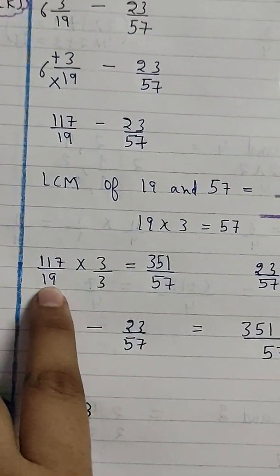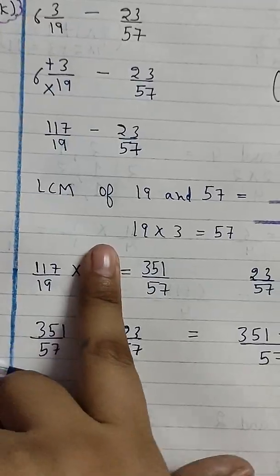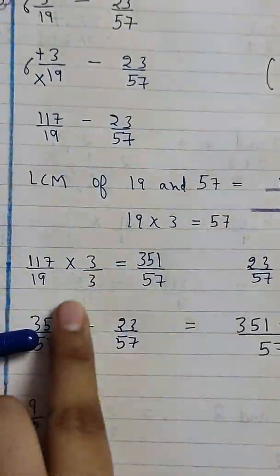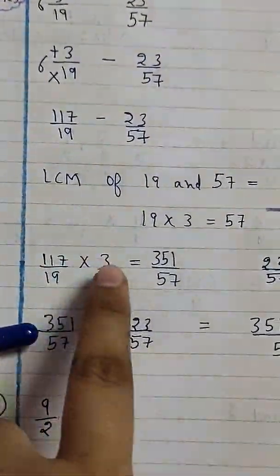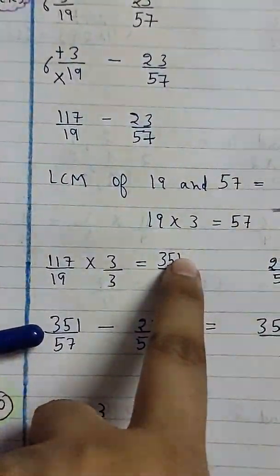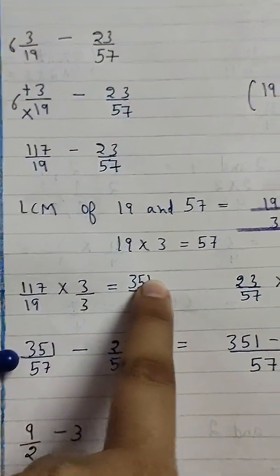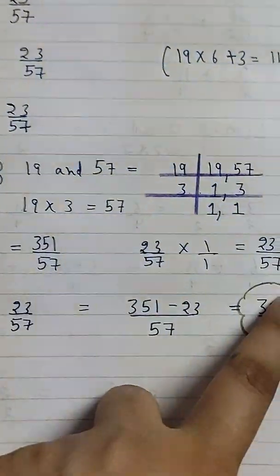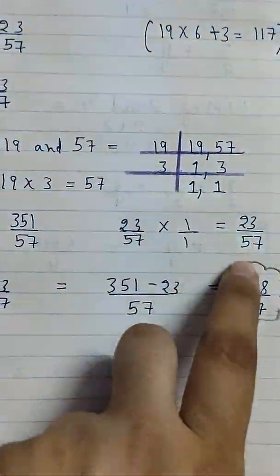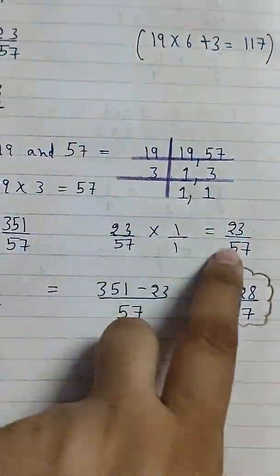So now 19 will be multiplied with what number so that it becomes 57? So 19 will be multiplied by 3 so that it becomes 57, and 117 multiplied by 3 becomes 351. Okay, after that 57 is already there, so we need not change it. You can write 1 into 1, so it will become 23 upon 57.